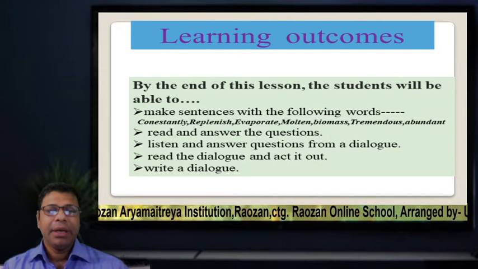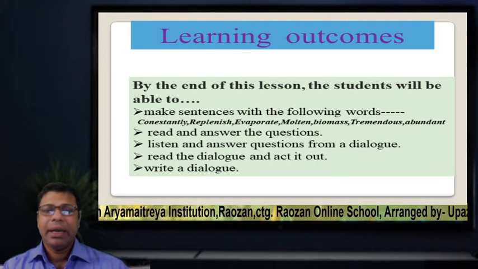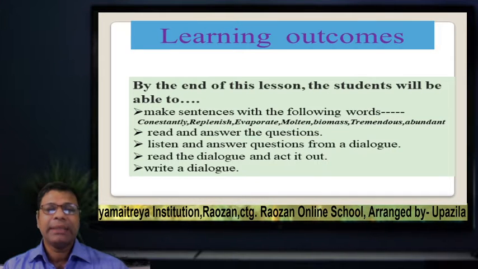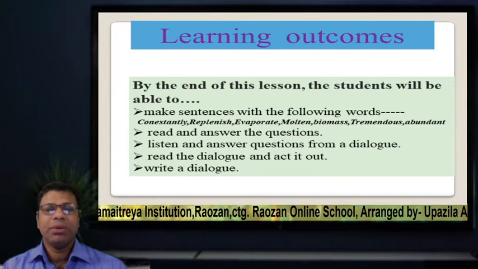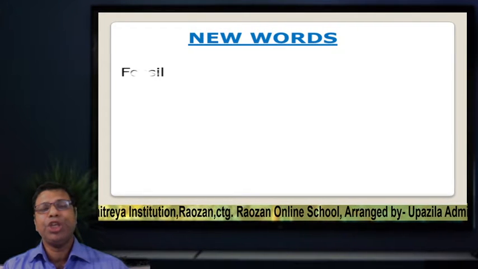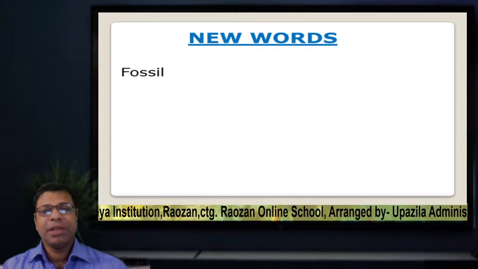You will also read and answer questions, listen and answer questions from a dialogue, read the dialogue and act it out, and write a dialogue. These are the new words we need to know for a better understanding of the lesson.